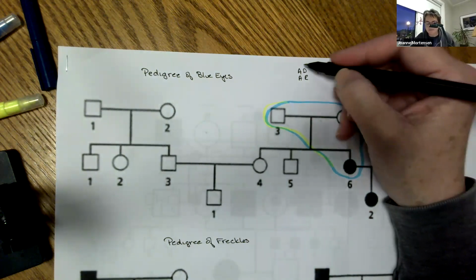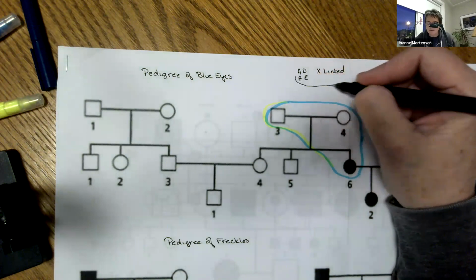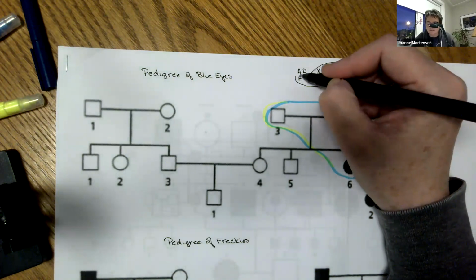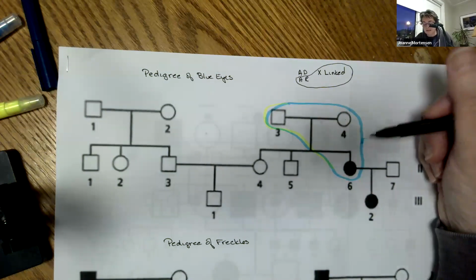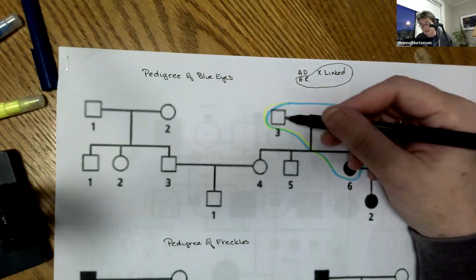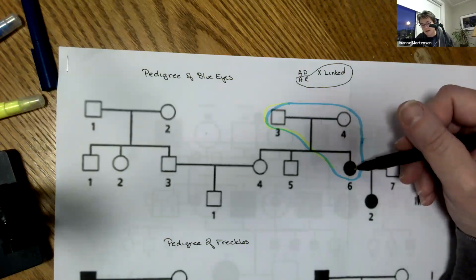So right away, I know it's going to be one of these two. It's a recessive trait because basically it's been hidden. It's been masked by the dominant trait here, and it shows up here.